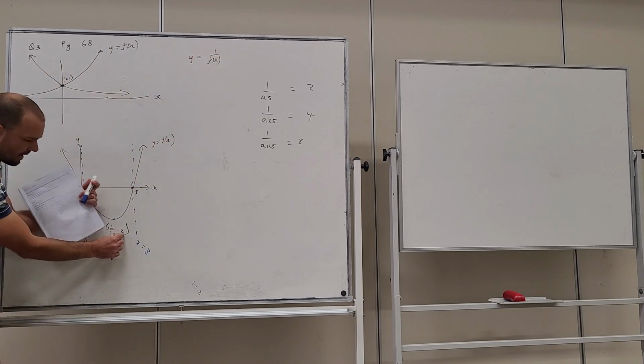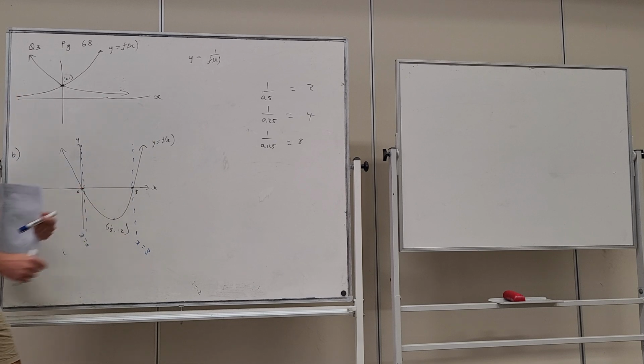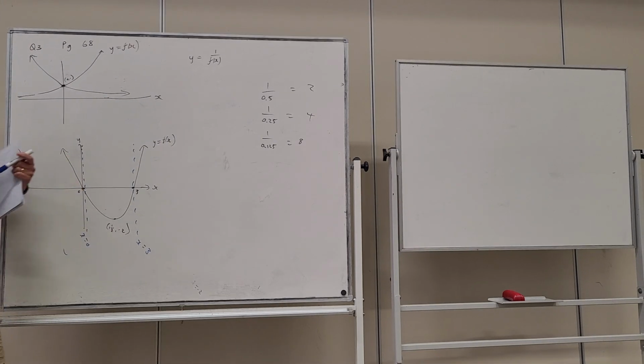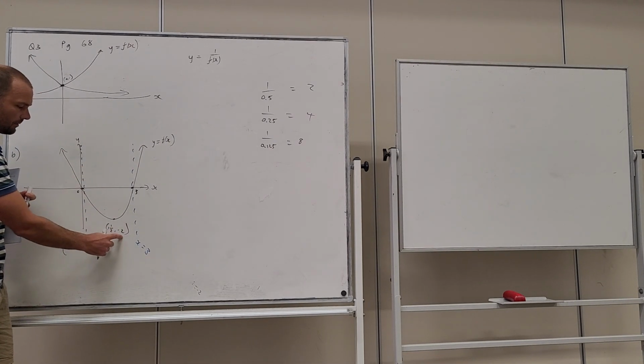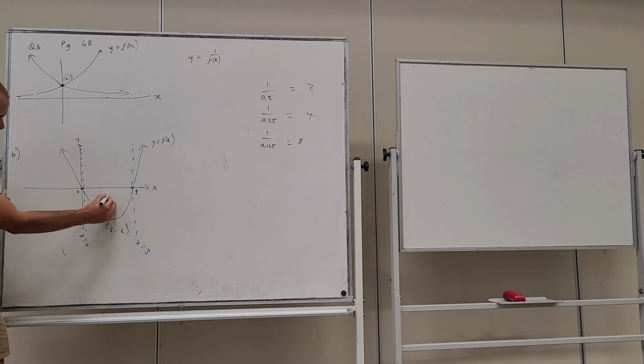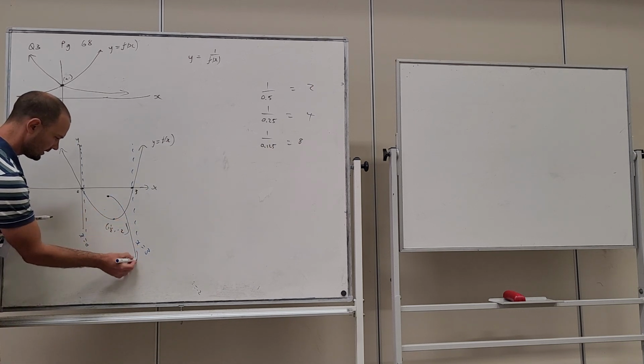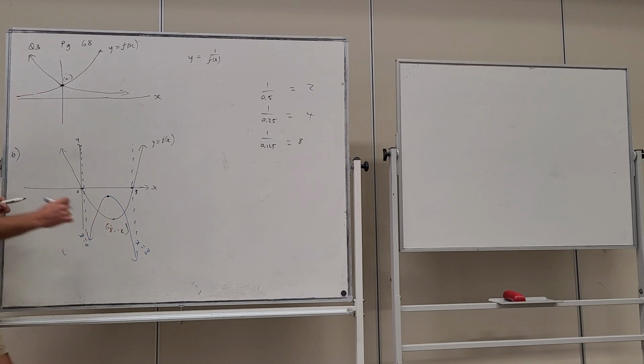So we have 1 divided by -2. So the y value of the local max then is 1 on top of minus 2, negative half. So that's going to be like here. So on our 1 on f of x function, we have a local max here. And we know the local max is there because, two reasons.